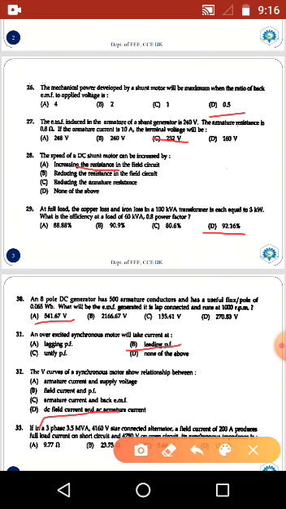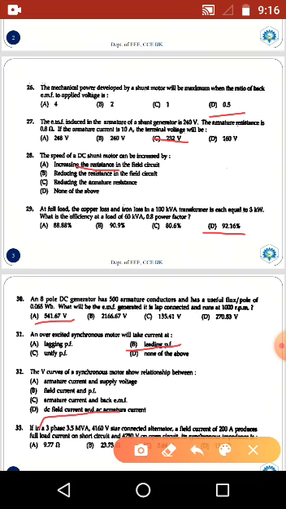Question number 33. In a three-phase 3.5 MVA 416 volt star connected alternator, a field current of 200 ampere produces a full load current on short circuit and 4750 volt on open circuit. The synchronous impedance. So, synchronous impedance is the open circuit voltage by short circuit current at a particular field current. So, the open circuit voltage is 4750 volt.